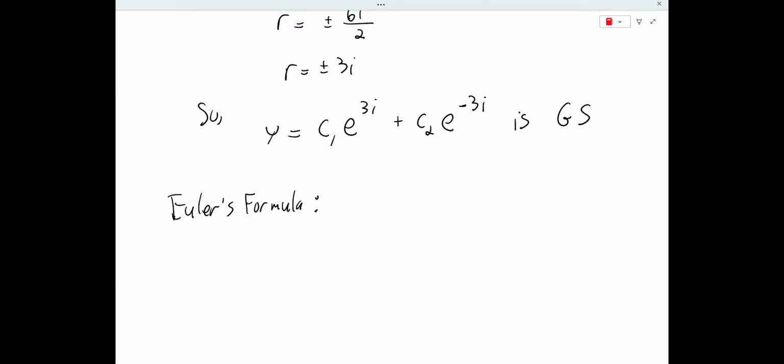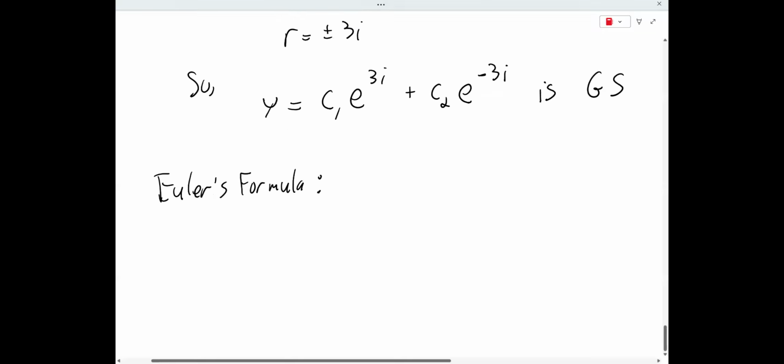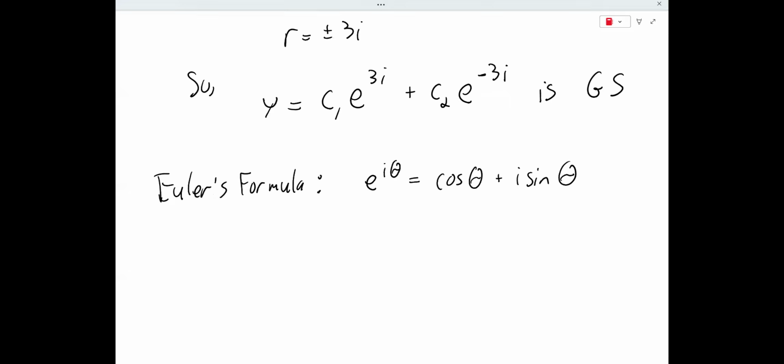I don't know if you have seen this before or not. It says this, which is kind of an interesting thing: e to the i theta is equal to cosine theta plus i sine theta. I'll put this in the box here.